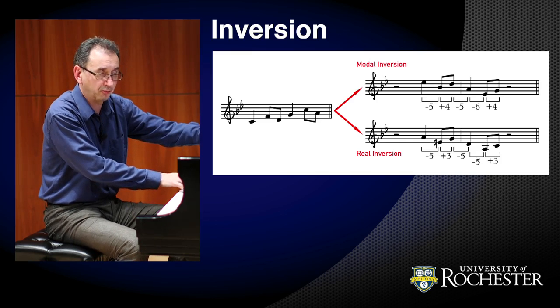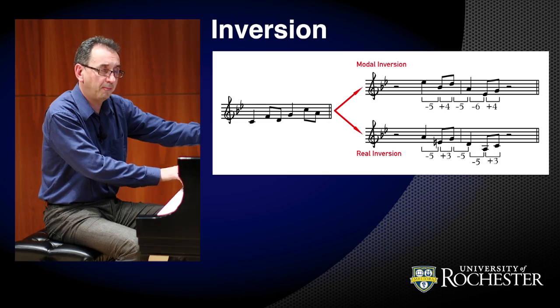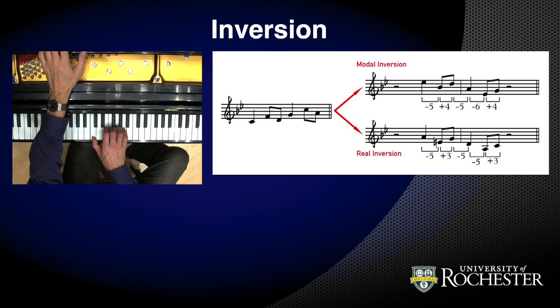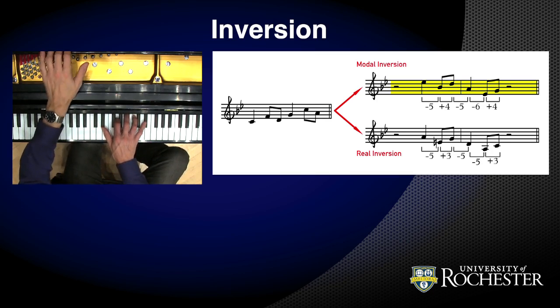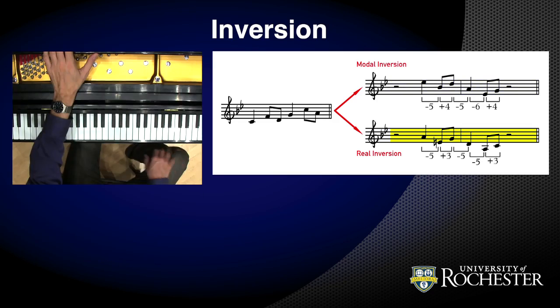Okay, so our original motive. So now the importance of analyzing its intervallic content. So plus 5 semitones. In modal inversion, and then real inversion preserves the exact intervallic content.